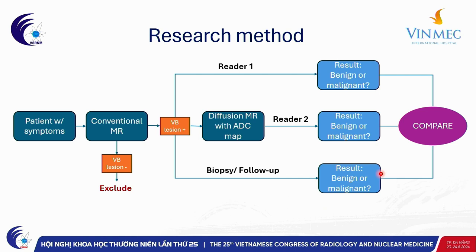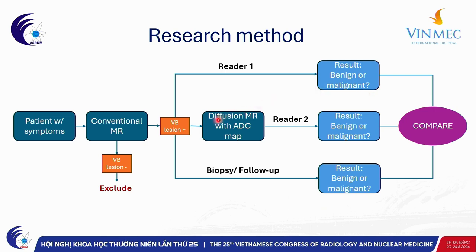The process of collecting data and patients is that we do the conventional MR on all patients who have a symptom or an indication for the MR. Then if the patient has lesions in the vertebral body, we send them directly to the first reader to analyze and interpret the results, and to classify them as benign or malignant lesions.